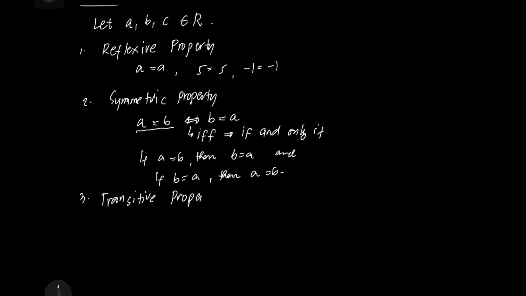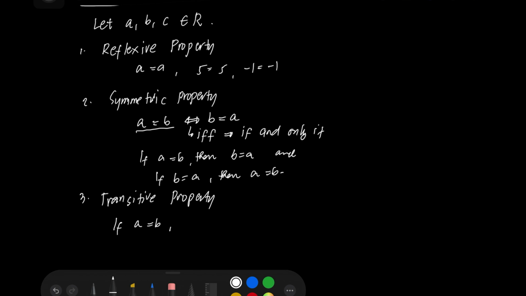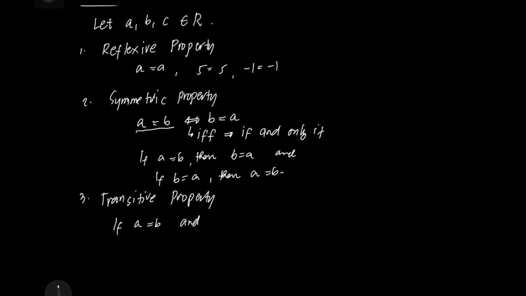Third is the transitive property. The transitive property says that if A is equal to B and B is equal to C, then A is equal to C. Then the fourth one is the addition property.